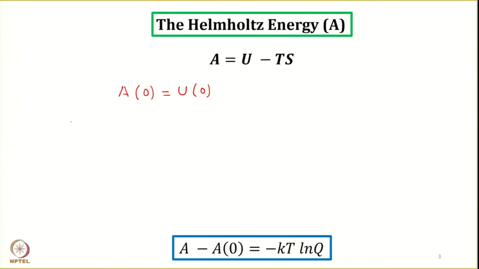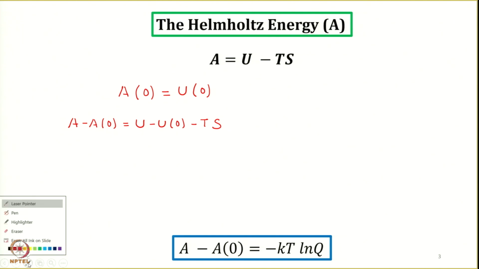Now I can rewrite this equation as A minus A0 is equal to U minus U0 minus TS, because A0 is equal to U0. Why am I doing this? Because I want to write the expressions including their values at zero point.